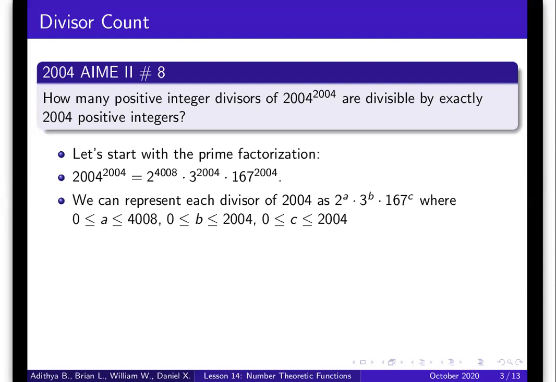It can't have any other primes in its factorization. And the exponent of each of the primes has to be at most the exponent of each of the primes in the corresponding factorization for 2004 to the 2004. So we can represent each divisor as 2 to the a times 3 to the b times 167 to the c.